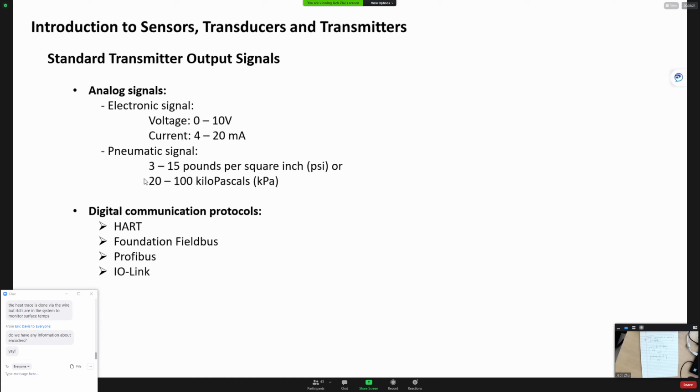That also depends on if we're talking about North America, or especially in the United States, they like to use imperial. If it's in Europe or somewhere else, we like to use the metric. So those are the two pretty common ones.